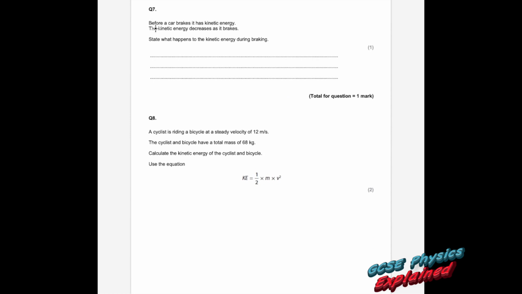Right, question 7. Before a car brakes, it has kinetic energy. The kinetic energy decreases as it brakes. State what happens to the kinetic energy during braking. Well, if you're on your bike and you press your brakes, don't the brakes get hot? So basically, the kinetic energy gets transferred into heat energy.